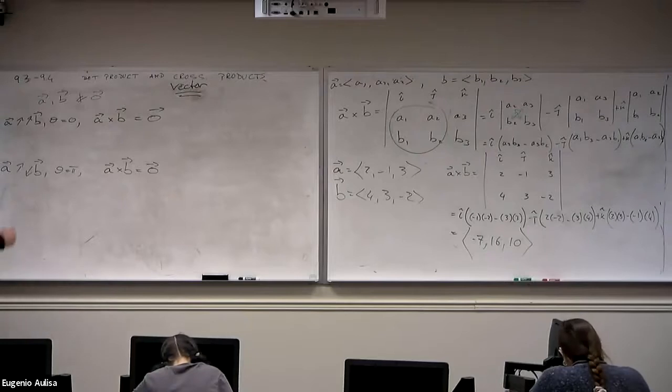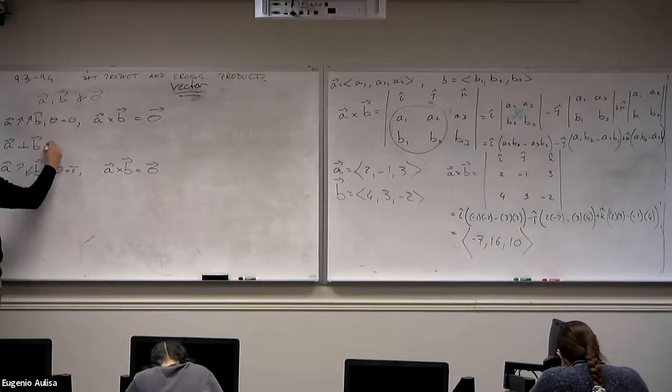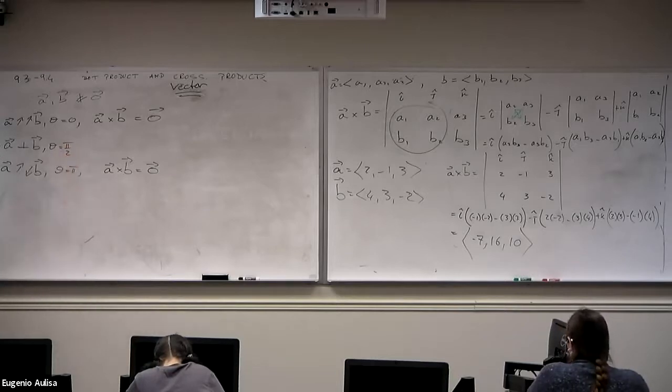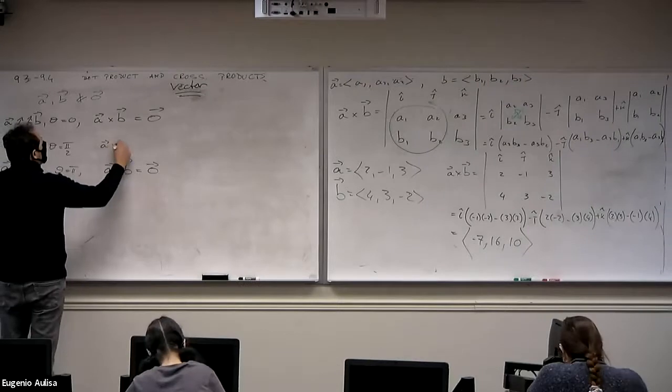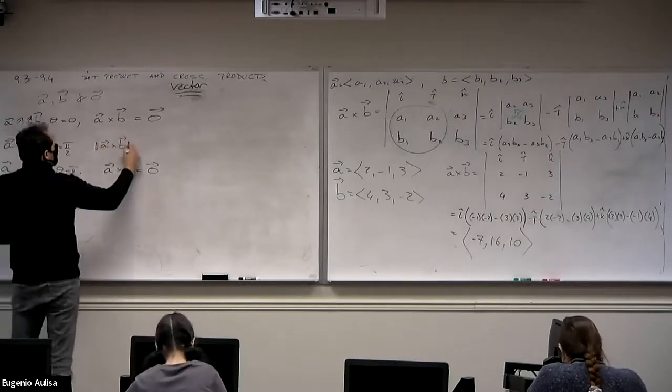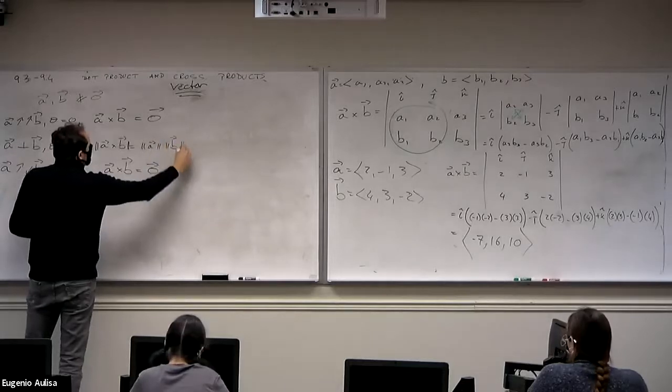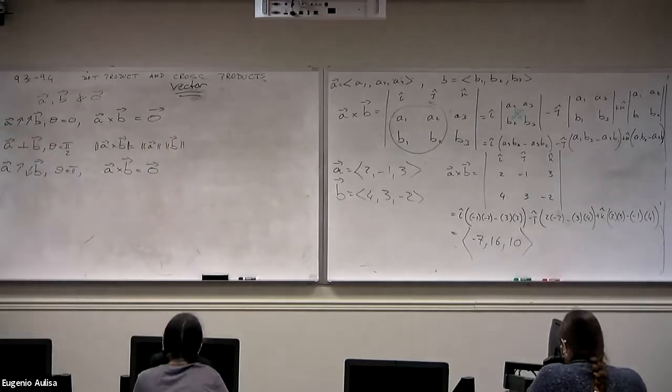If A is orthogonal to B, theta is equal to pi over 2. Now, this A cross B length is going to be the length of A times the length of B, because you're going to get the sine of pi over 2, which is 1.